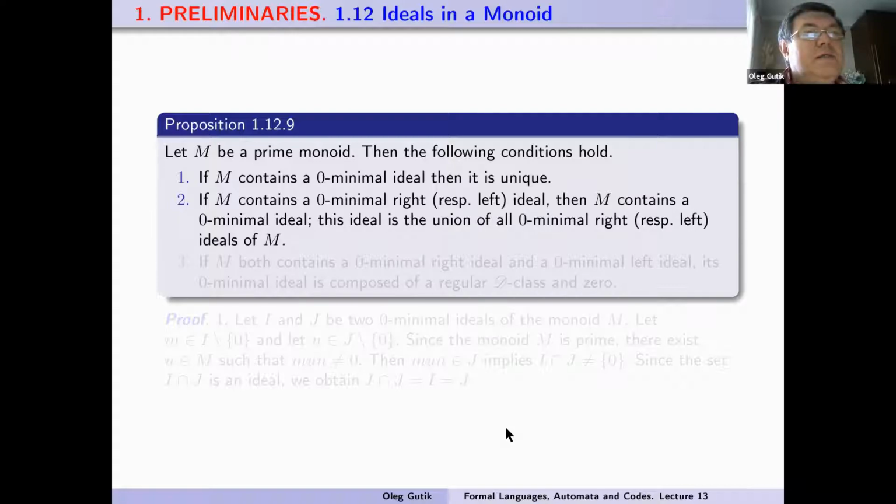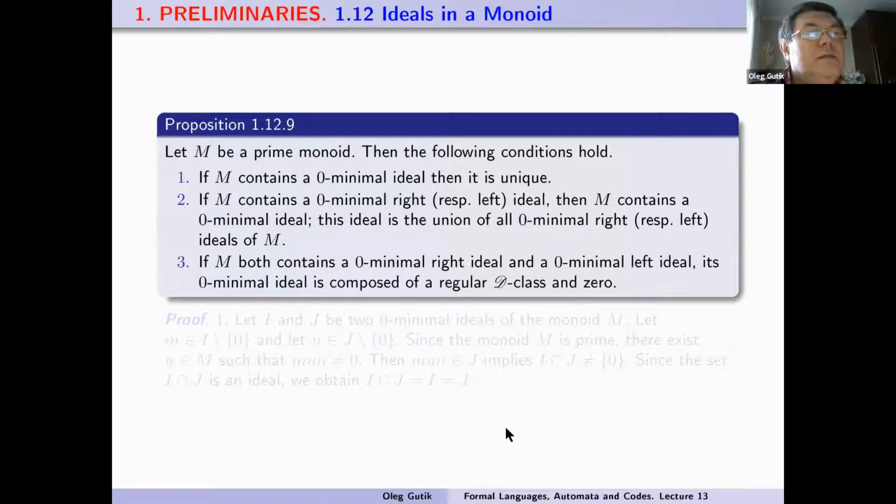This ideal is the union of all zero minimal right, respectively left ideals of the monoid M capital. Third, if M capital contains both a zero minimal right ideal and a zero minimal left ideal, the zero minimal ideal is composed of the regular D classes and 0.